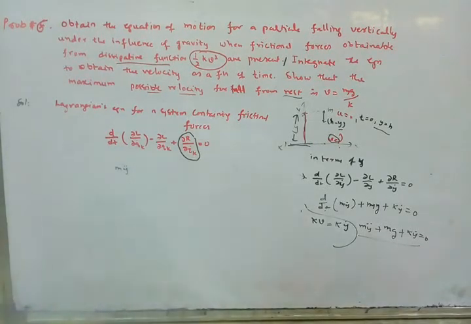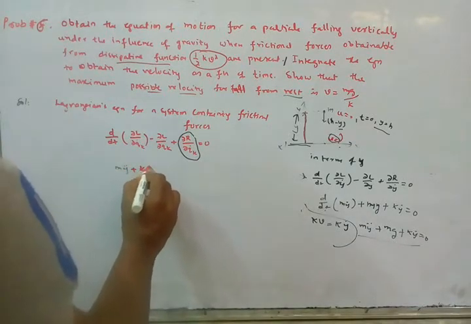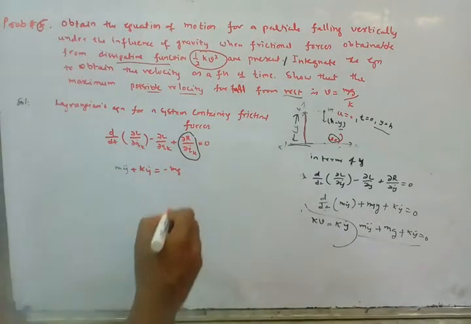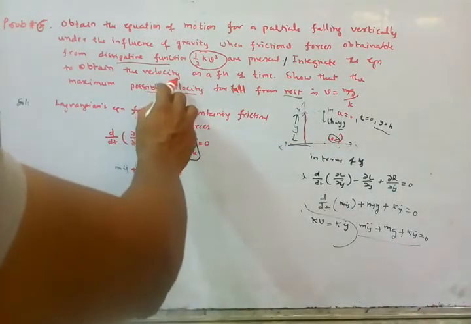m y double dot plus k y dot equals minus mg. Here we integrate the equation to obtain the velocity as a function of time.